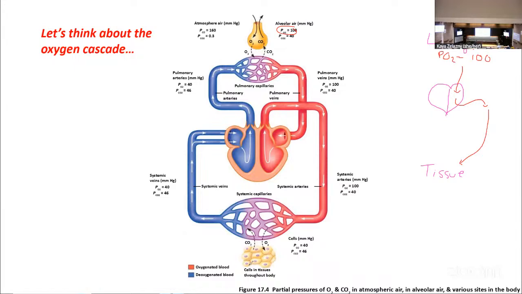We need oxygen. We're using oxygen. This is where we see our drop, right? So here we see that our cells, because they're using oxygen, have a much lower partial pressure of oxygen, right?